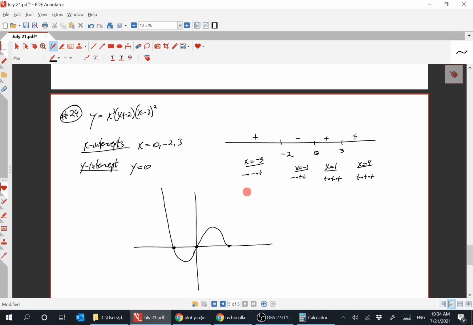I shouldn't do that stupid arrow. So there's some information that we can get from that. But if you plug this into a graphing calculator or some other type of graphing software, there's going to be quite a bit of detail that we're not getting.